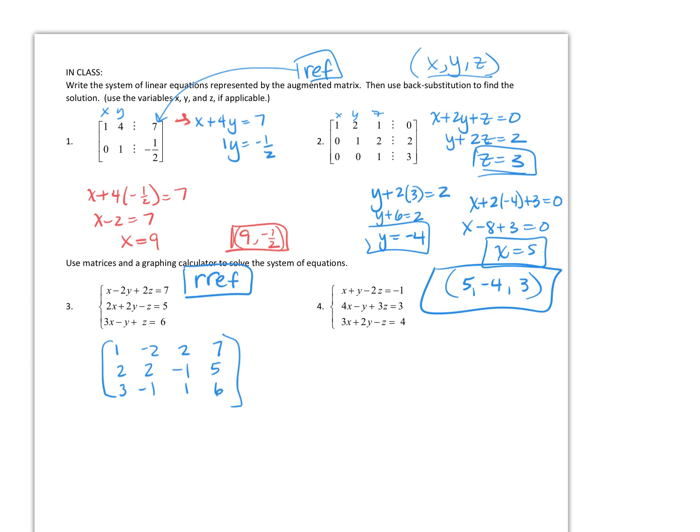And then you need to pull up the matrix menu, which is second and this little inverse guy right under math. So second and inverse. And it's going to pull up all these letters. You just leave it on A and hit enter. And hit enter one more time, and then it renames your matrix as A. Are we okay with that?